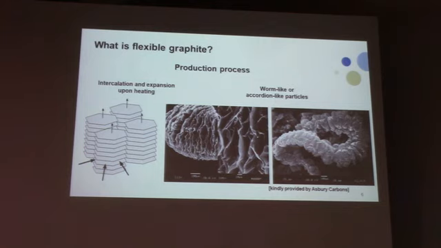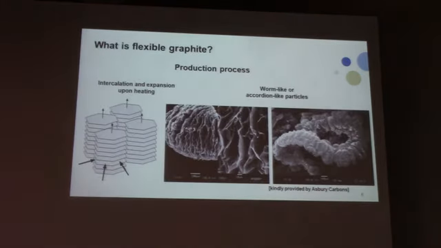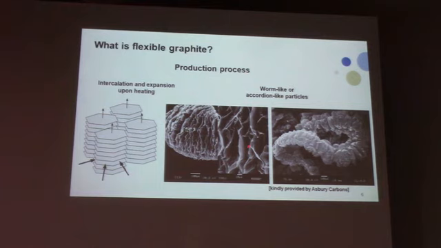These are called worms, and they can have this kind of honeycomb cellular structure, which comes from the hexagonal shape of the typical graphene layer.